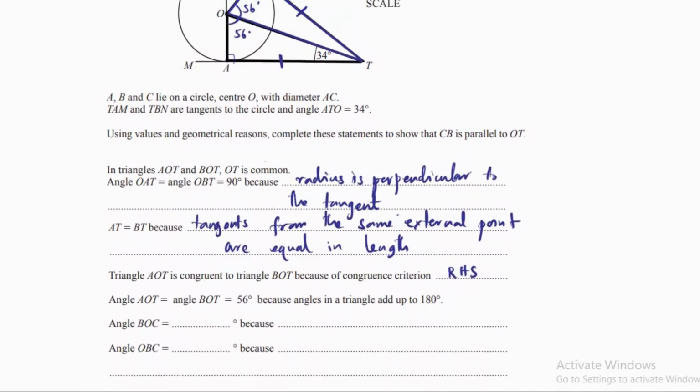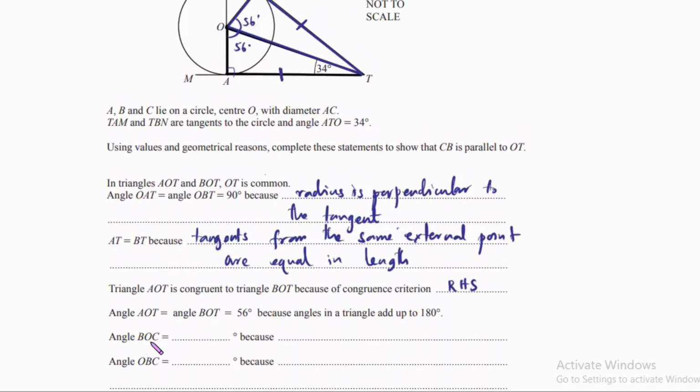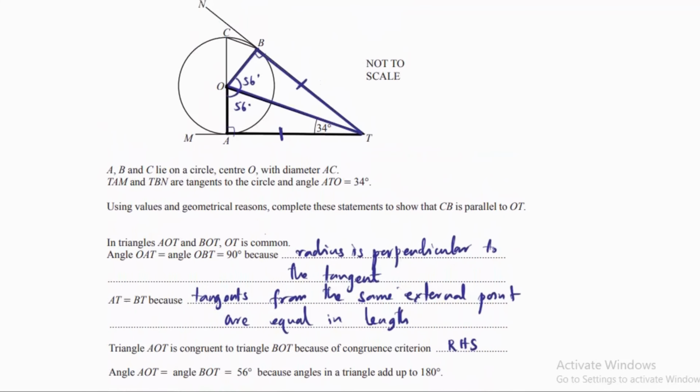In the next part, it states that angle BOC is equal to which angle? Angle BOC is going to be this angle. We need to say how much that is equal to. We can find the value of this angle because, as we can see here, this is a straight line. So these three angles on the straight line will make a sum of 180 degrees.